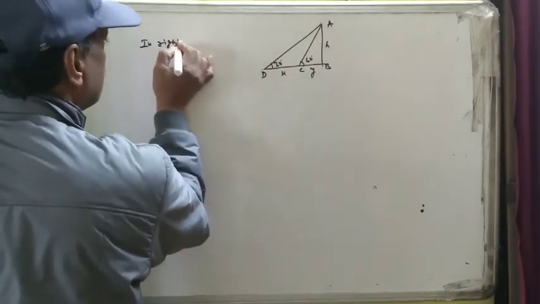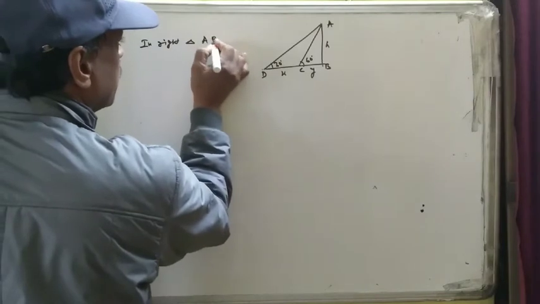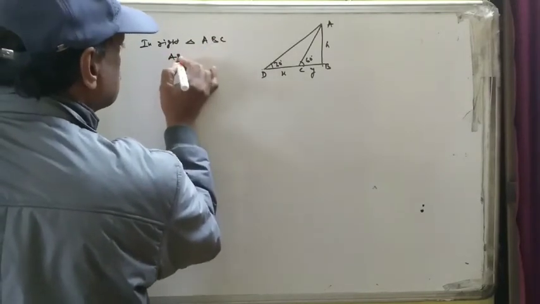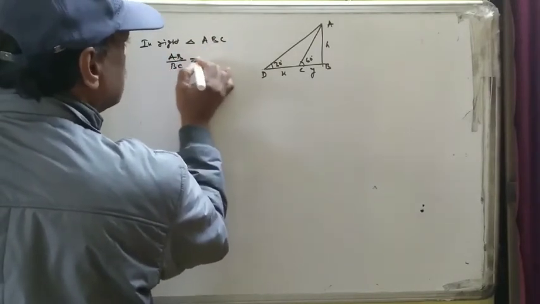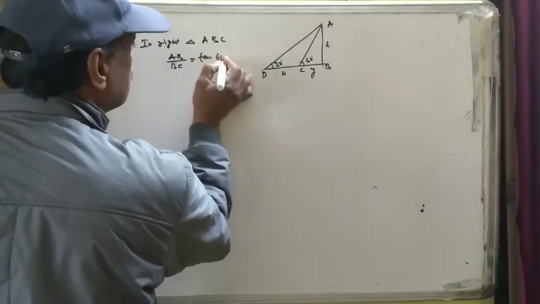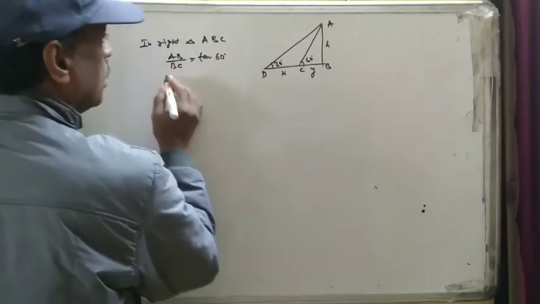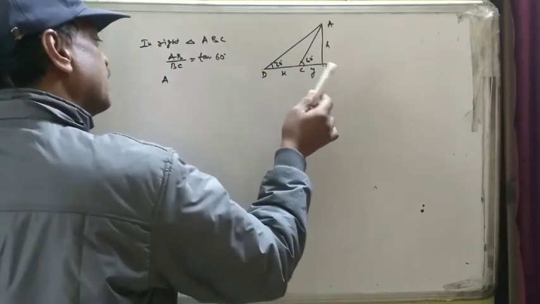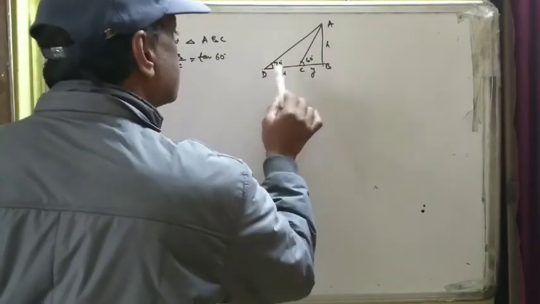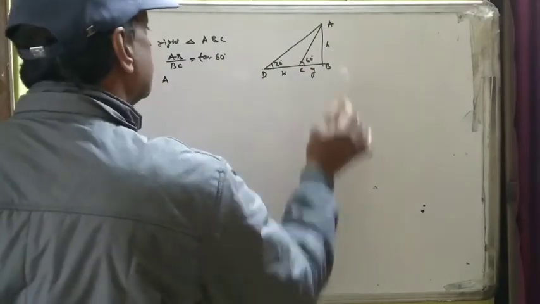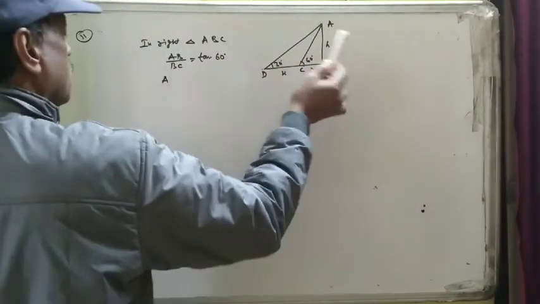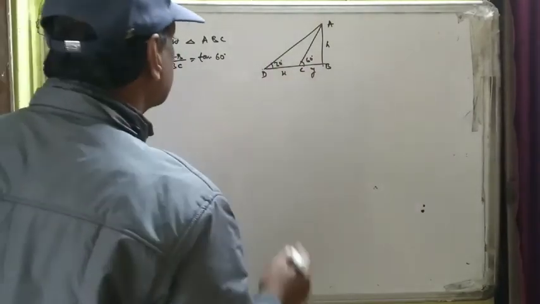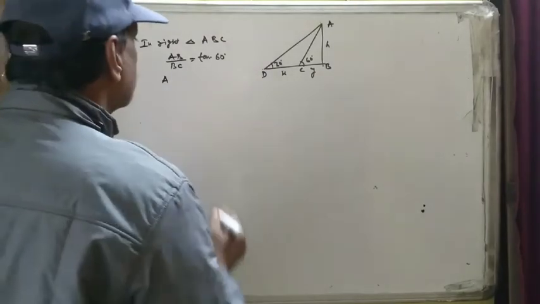In right triangle ABC, AB upon BC equals tan 60 degrees. But before that we have to write what is this X, what is this Y, what is this H. Hoping that you can write those things. So straight away I am solving the question.